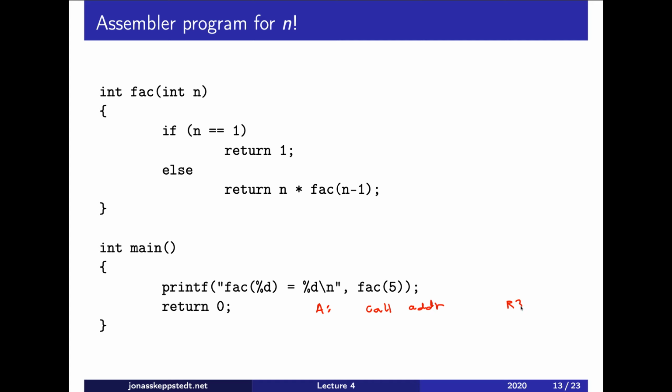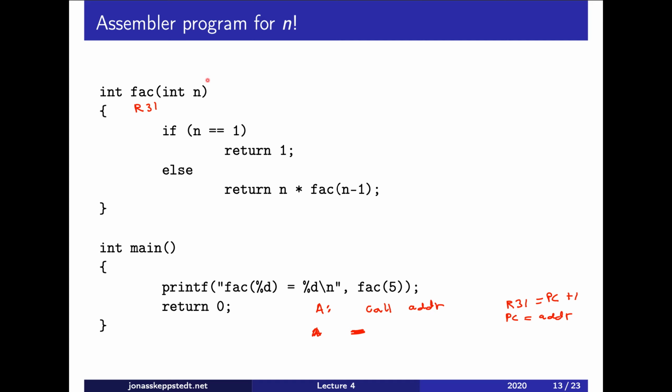Then we do R31 is PC plus 1. In other words, here. This place is where we want to return to. And also we say PC is the address that we jump to. So when we come here, R31 has a value, and what else has a value?